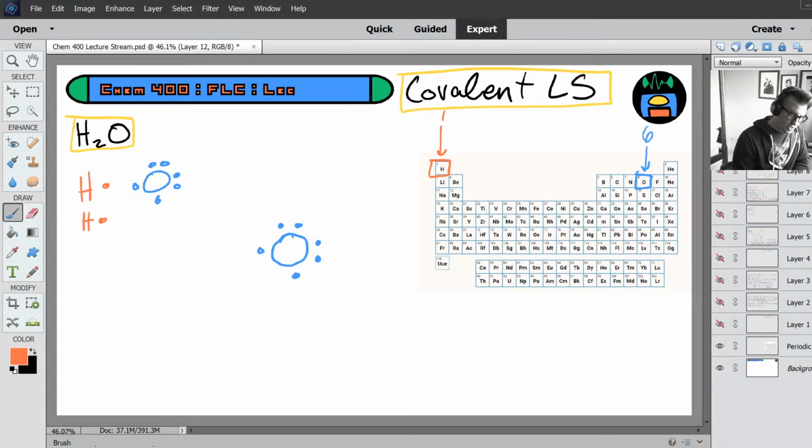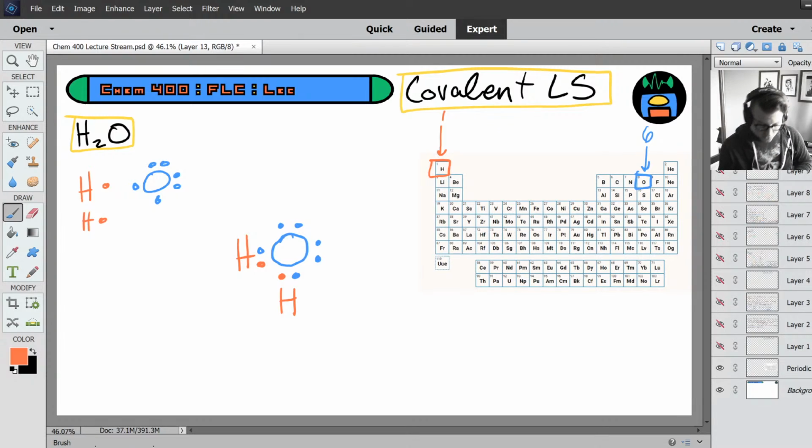So one hydrogen is going to move in and share its one unpaired electron with one of oxygen's unpaired electrons. All right. The second hydrogen atom will move in and do the same with the second unpaired electron in oxygen's Lewis structure.